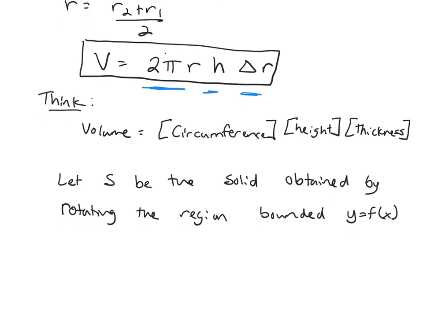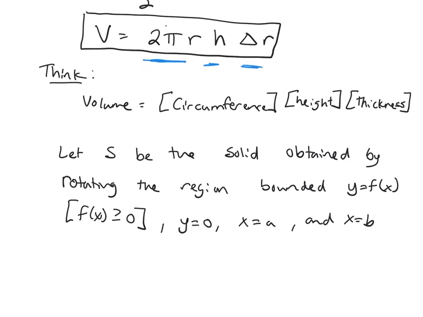And here I am assuming that this function f of x is not negative. y equals 0, x equals a, and x equals b. I'm assuming b is bigger than a, and they're both positive, about the y-axis.